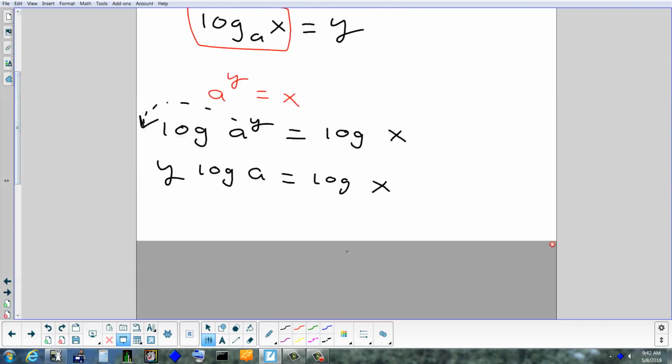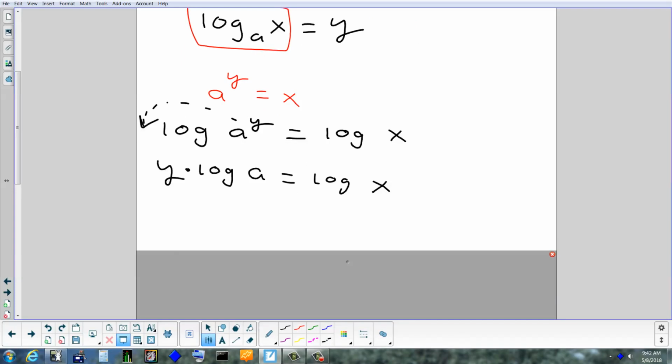All right. Now the last step. You have y times something. If you want to move something that's multiplied to the other side, what operation do you use? Yep. Division. So I'm going to divide by the log of a. And again, that would just be a number, like log of 6, whatever it is.